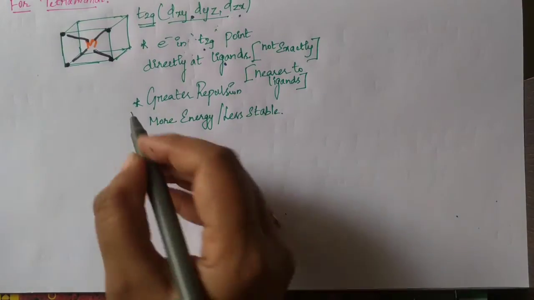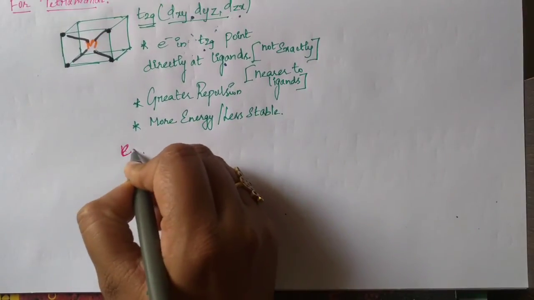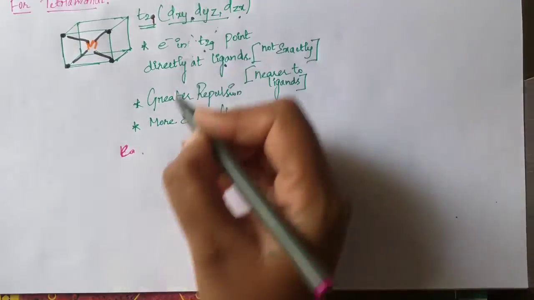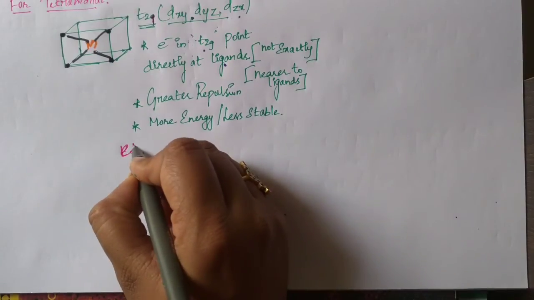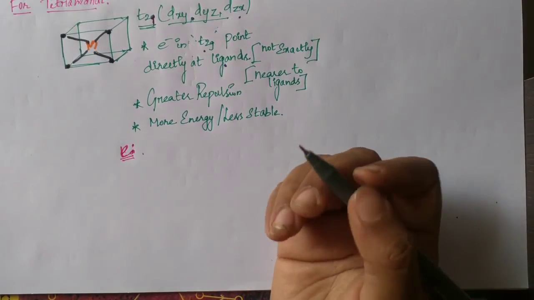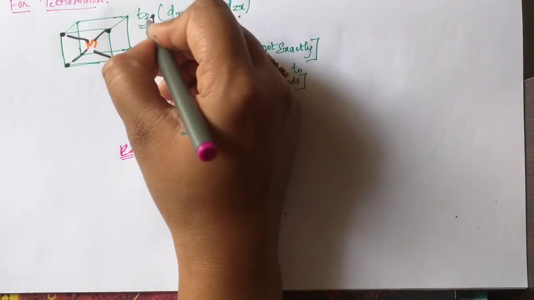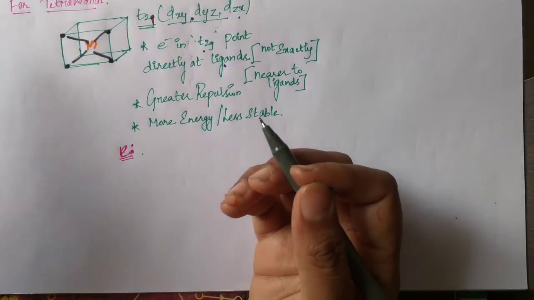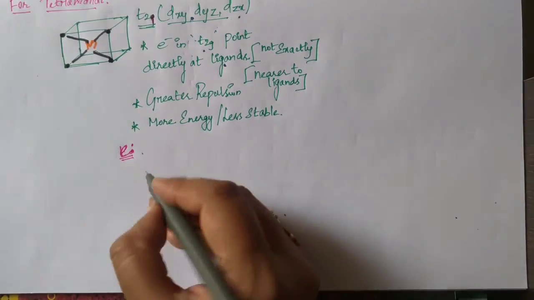But for e, here one more thing, students, g should not be used in tetrahedral because there is no center of symmetry. It is very important. Only t2 and e. Why? Because there is no center of symmetry for the tetrahedral structure.